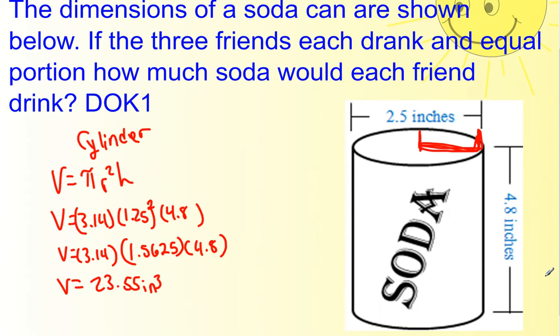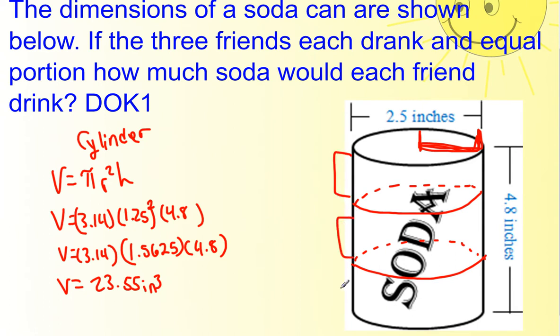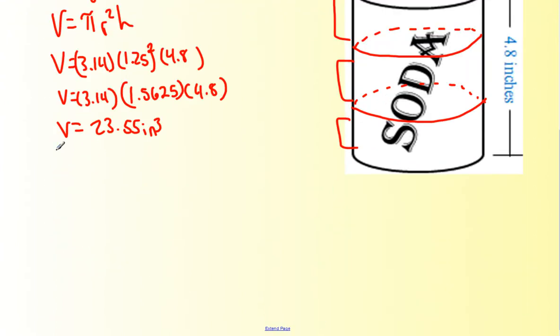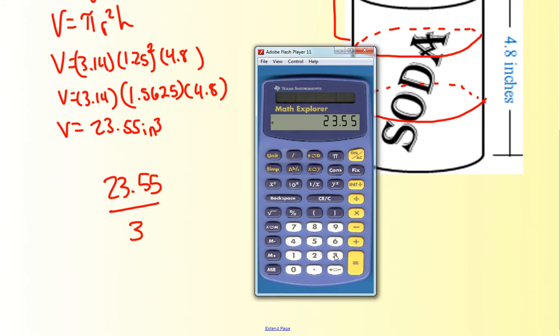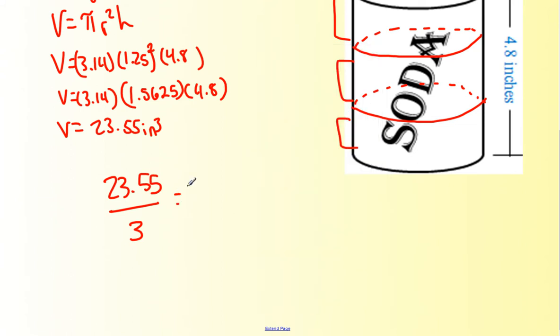If 3 people are drinking out of this can and each person drinks the same amount, each person is drinking a third of the soda. So we need to take the volume of this can and divide it by 3 to figure out how much soda each person drank. So we're literally going to do that. If we divide by 3, because 3 people were drinking out of it, we get 7.85.